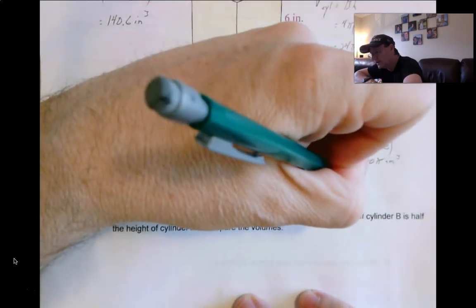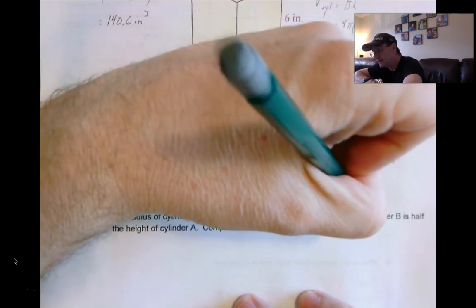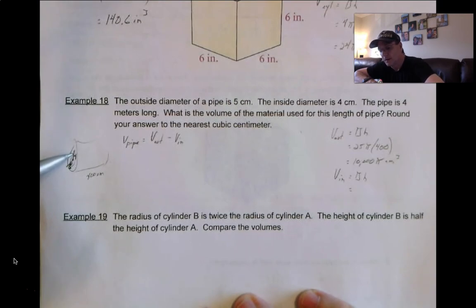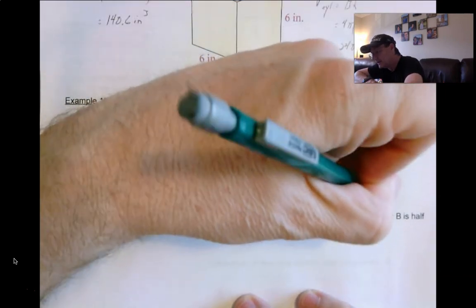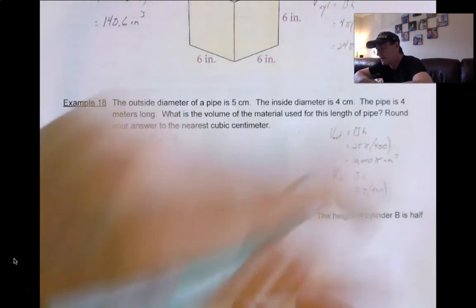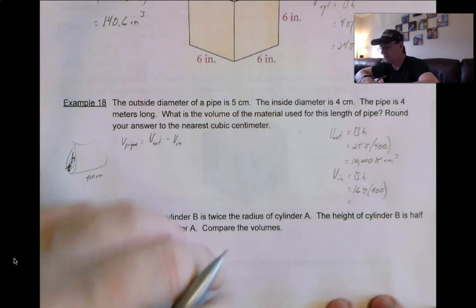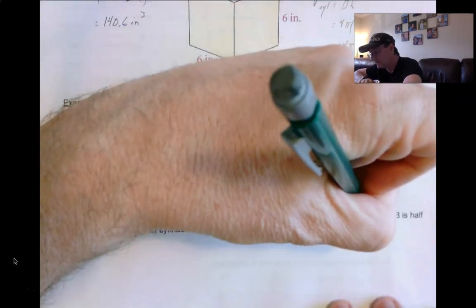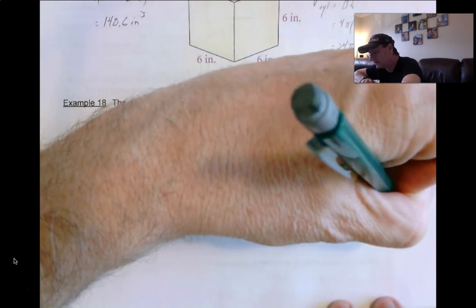Volume of the inner is still area of the base times the height. This time the radius is 4, so the area of the base is 16 pi, again times 400. 16 times 400 gives us 6,400 pi centimeters cubed.